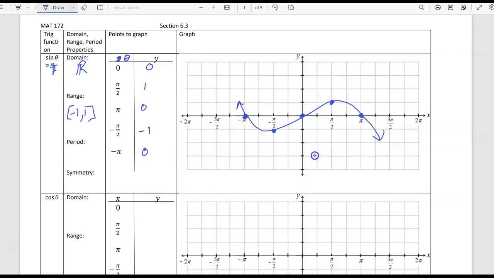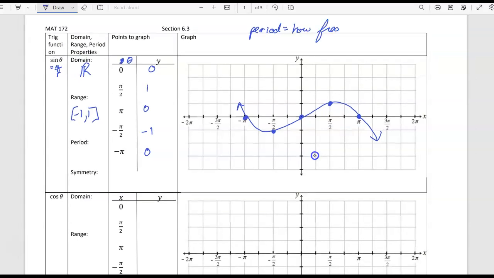So now we need to talk about period. What is the period? The period is how frequently it repeats. And we can see a repeat happening from here to here, and then we would see the same kind of thing happening if we were to list more values.